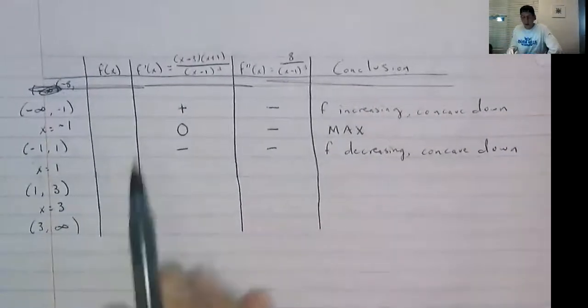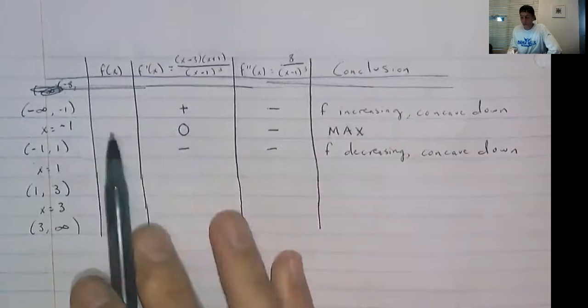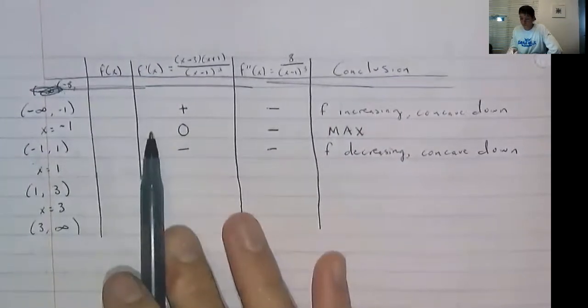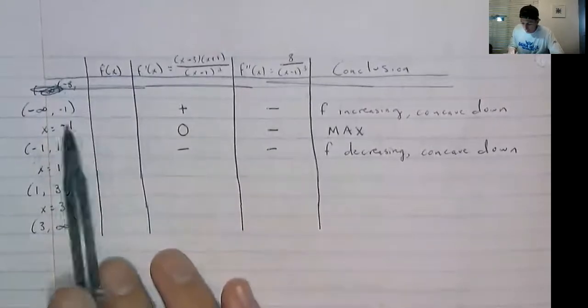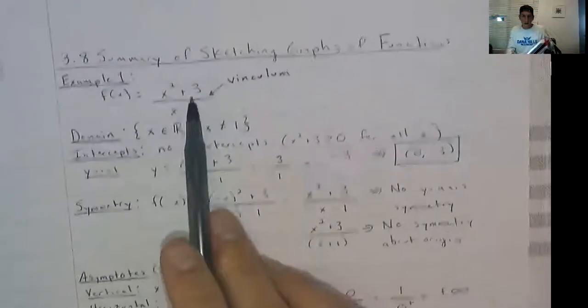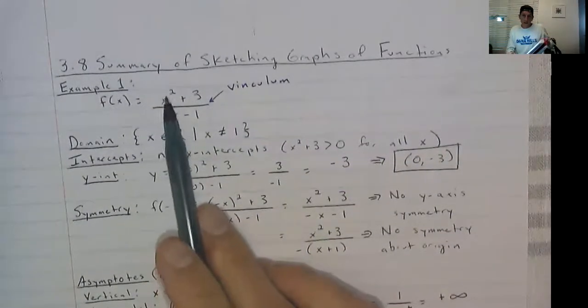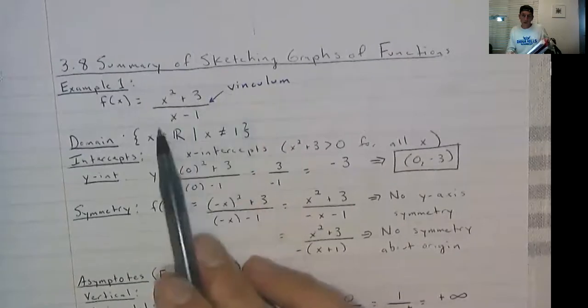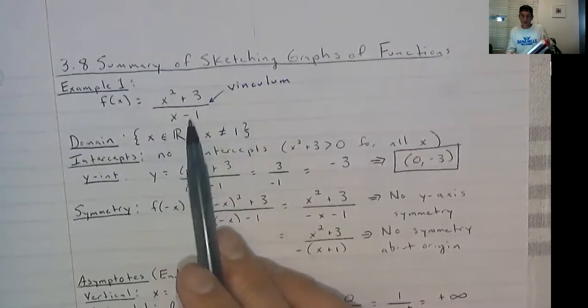Okay. I also think it would probably be worthwhile for us to actually figure out what this maximum point is. So plugging in -1 to f of x, that's 1 plus 3, which is 4. -1 minus 1 is -2.